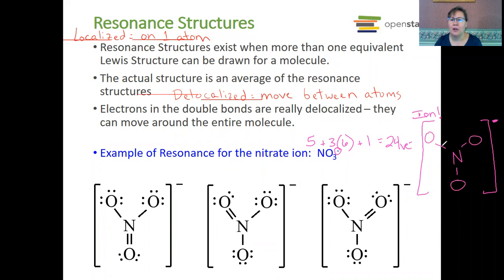Now I have 2, 4, 6, and I have 24 to place. So let's start working on this: 2, 4, 6, 8, 10, 12, 14, 16, 18, 20, 22. Well, that doesn't work, does it?